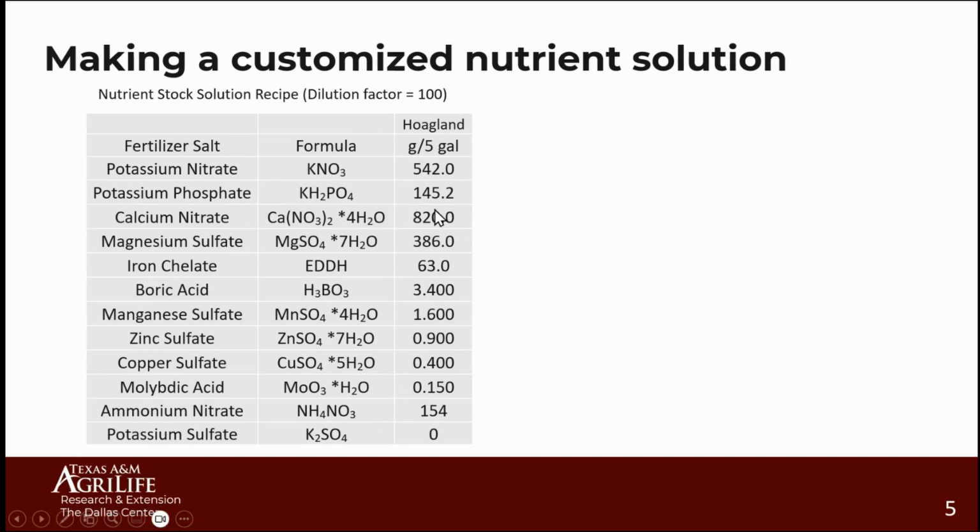Here we calculated how much salts you need to weigh into a 5-gallon volume to make a concentrated stock solution for the Dosatron. Here are the weights of the different salts we weighed, and it will make a 100 ppm nitrogen rate in the diluted nutrient solution. I will give you a detailed example later for the spinach study.